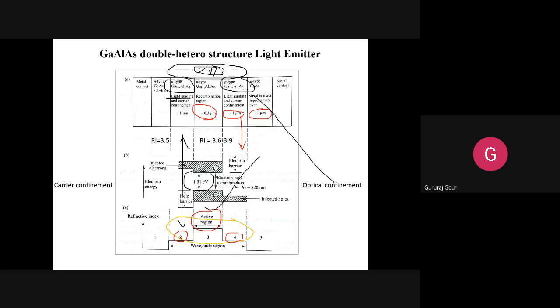So optical confinement is very well achieved with these light guiding layers, the cladding, that is matching with the cladding portion of the optical fiber. Cladding portion is here, so this is the cladding portion. That's where you are connecting the cladding of the optical fiber.